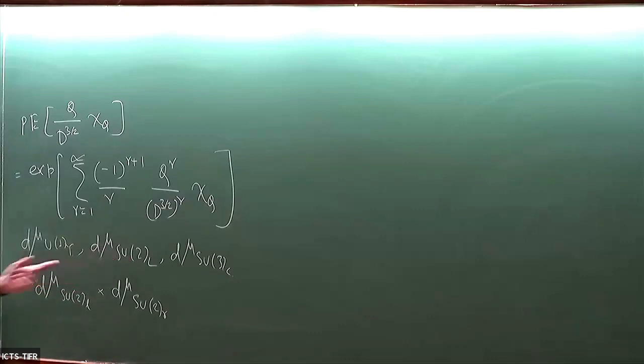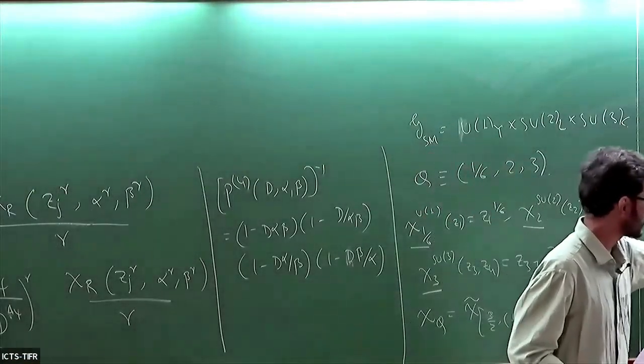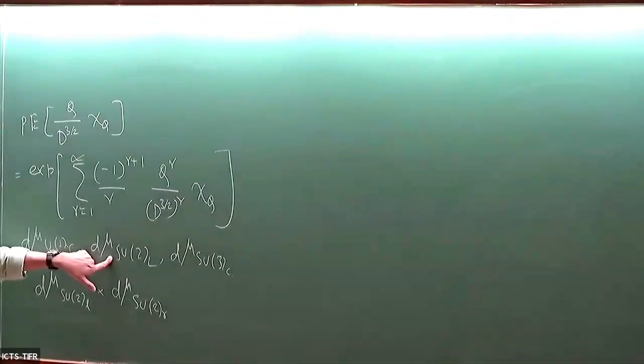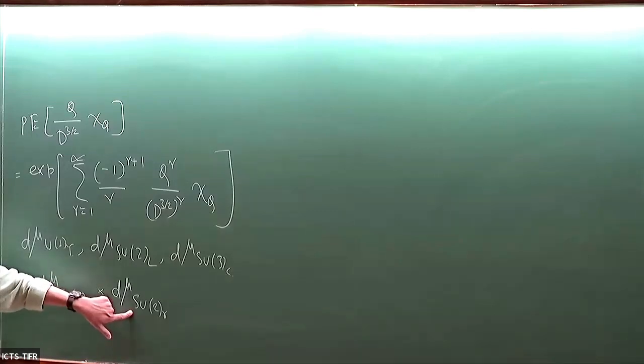So for example, you have defined the SU2 internal symmetry torus coordinates as Z2. So when you write down this measure, you will write it in terms of Z2. But this you will write in terms of alpha. This you will write in terms of beta.